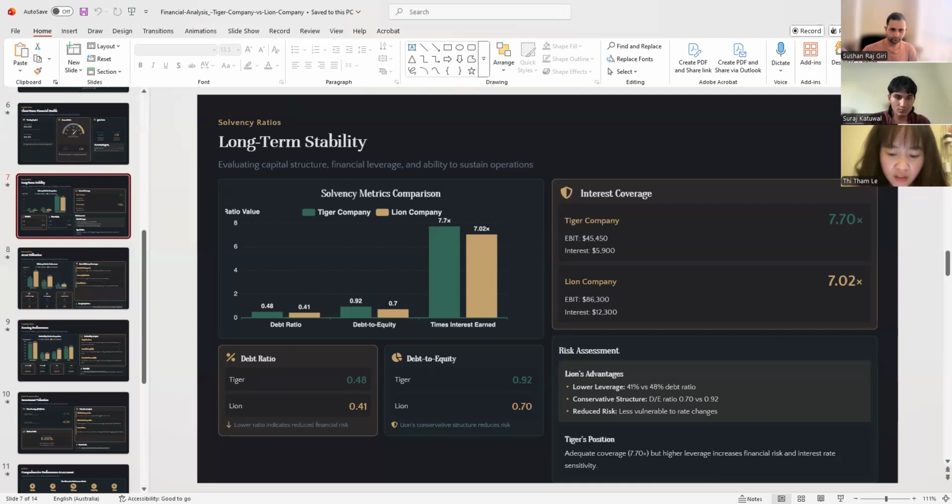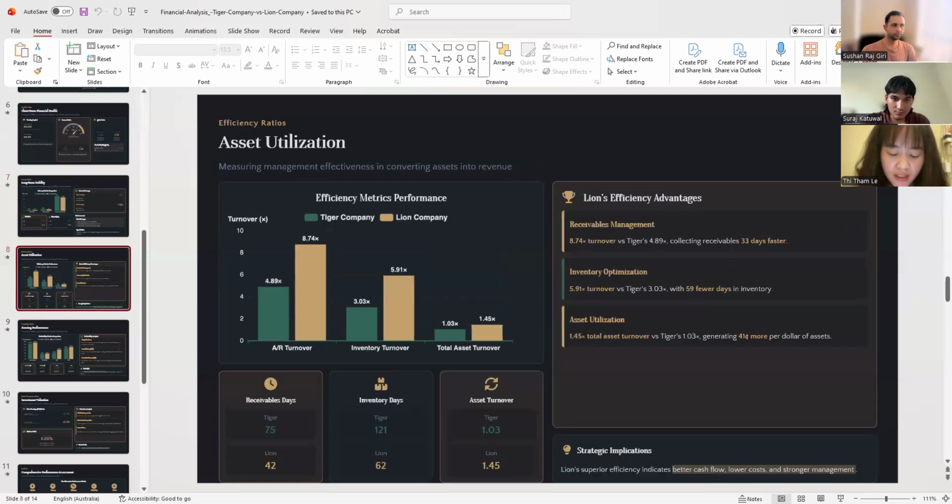However, a key difference emerges when we consider receivable collection periods. Lion collects receivables in 42 days compared to 75 days for Tiger. This faster collection significantly improves practical liquidity quality, giving Lion an operational advantage.